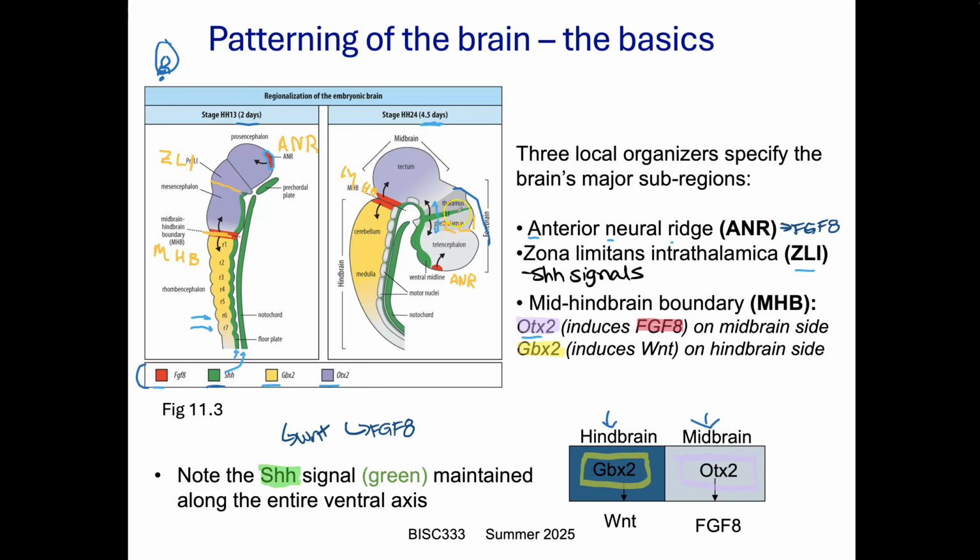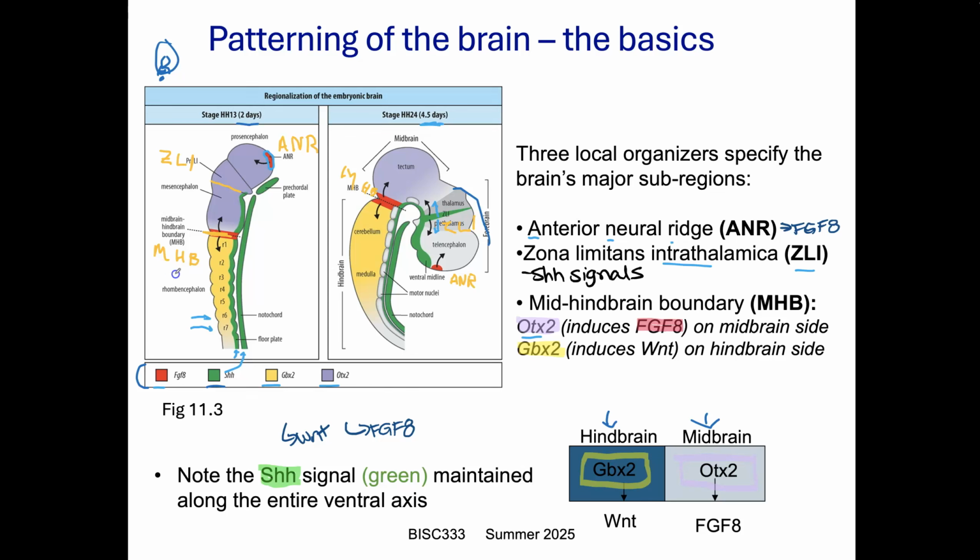So it's part of the signaling, and it's basically helping the thalamus, which is part of the brain, and some prethalamus cells on the other side. That's what intrathalamica means. And it's part of patterning the forebrain.